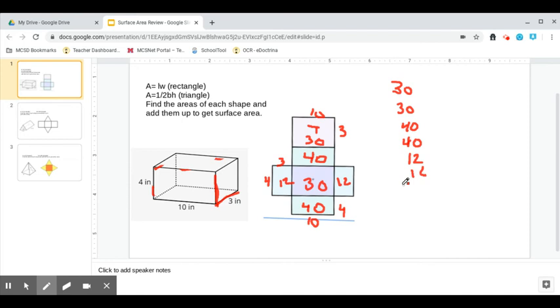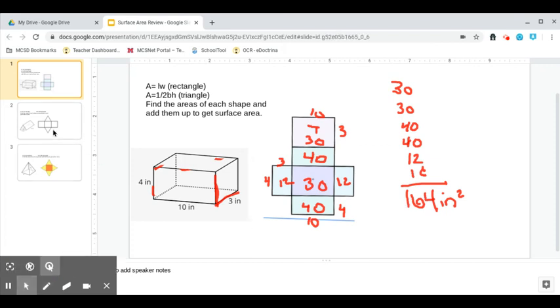If you notice, there's 2 of each. 30 and 30 is 60. 40 makes 100. Another 40 makes 140. 150, 160, 164. So it's 164 inches squared. So again, just fill out the information that's given to you, go step by step to find the area of each side, and add them all together.